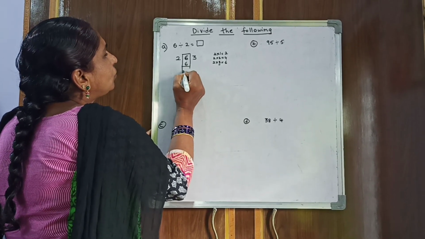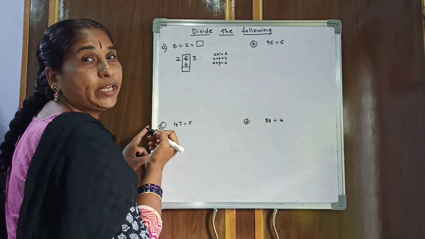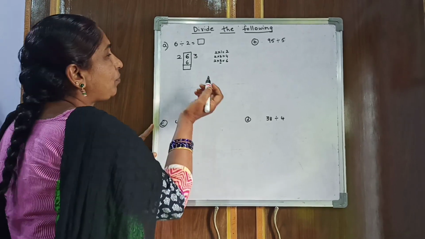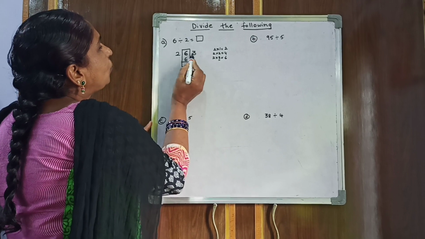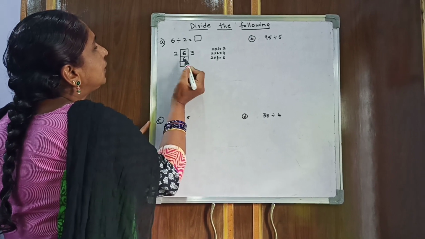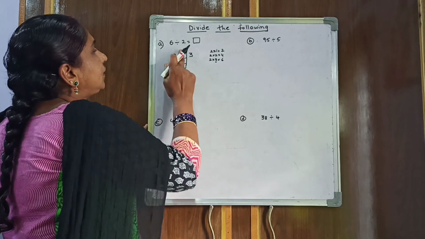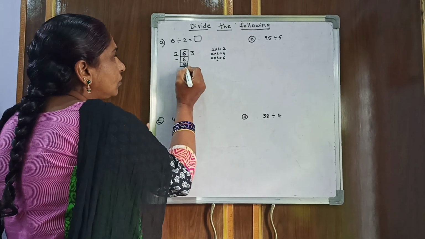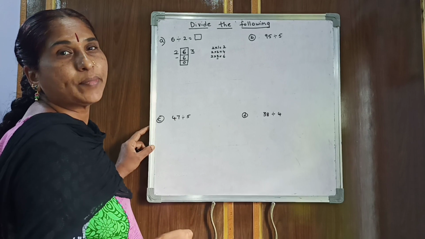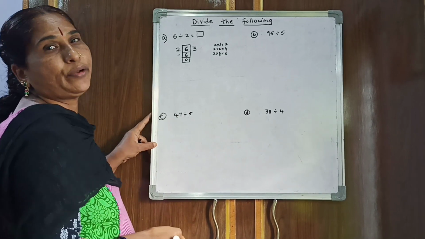Then what do you have to do? Division means repeated subtraction. Write 6 in one box, then subtract. 6 minus 6 is equal to 0.